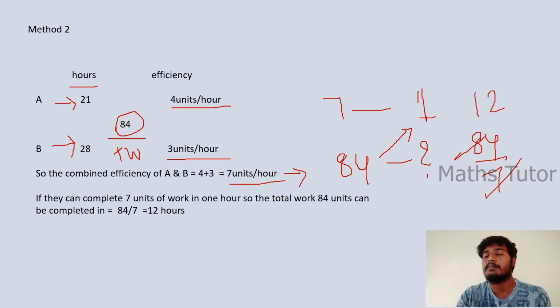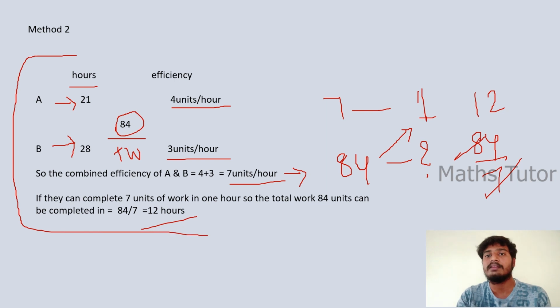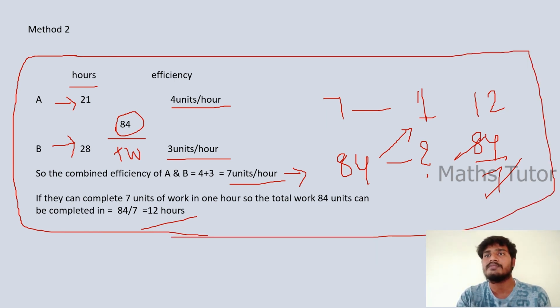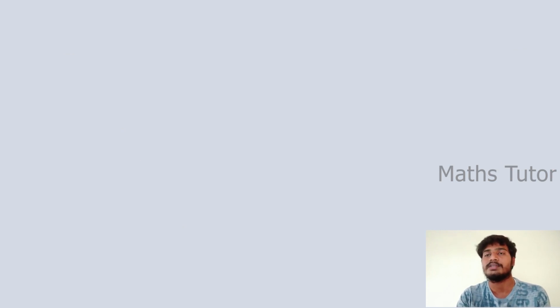That is, they can complete the complete work in 12 hours. This is an easy method. We can solve any kind of problem within 5 seconds by using this method, if you have good knowledge according to the question.